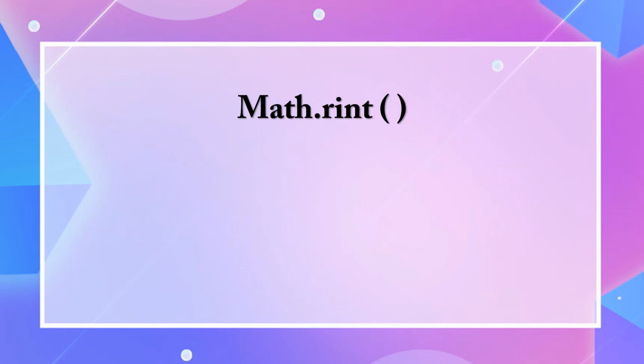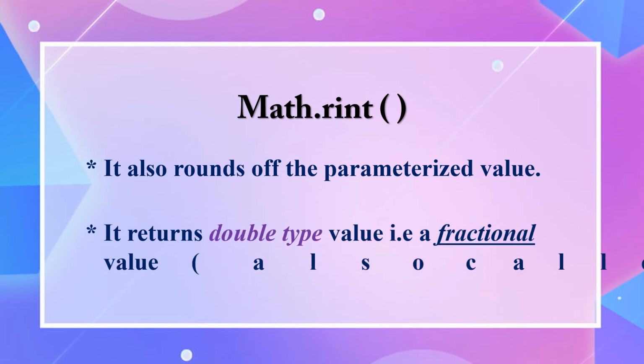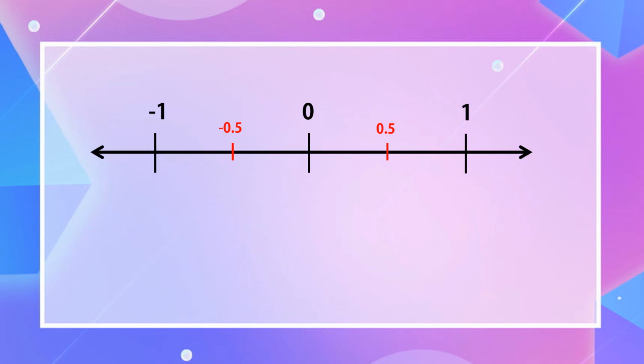Now let us see how Math.rint works. It also rounds off the parameterized value and it returns a double type value always. That is a fractional value, unlike Math.round. Now, if the value is in the range of 0.6 to 0.9, it will be rounded off to the next real number, that is 1.